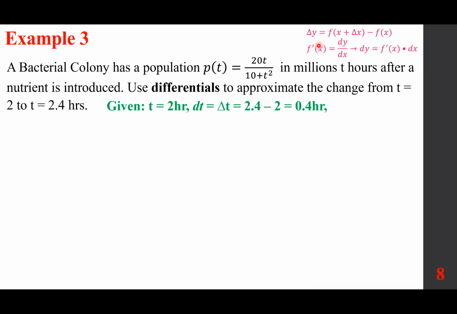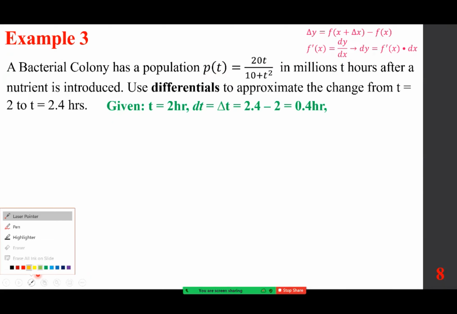We're going to look at this one. f prime of x is dy dx, dy is f prime of x dx. Instead of f of x, we have P of t. Given f of x first, we get f prime of x. So we have P of t.